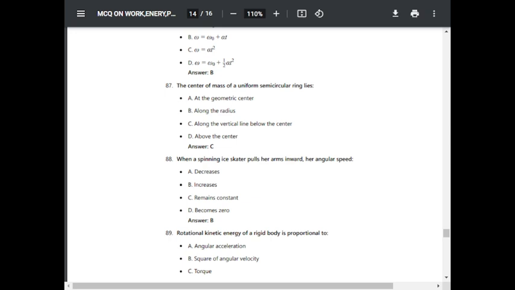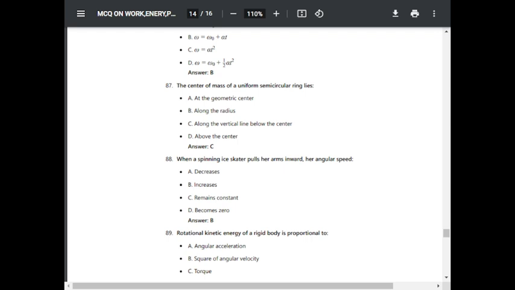When the skater pulls her arms inward, I decreases, so angular speed will increase. Option B is correct because L is constant, hence I omega is constant. If I decreases, angular velocity increases.